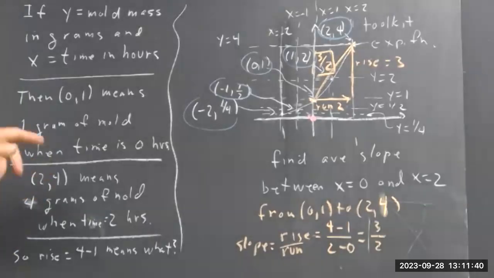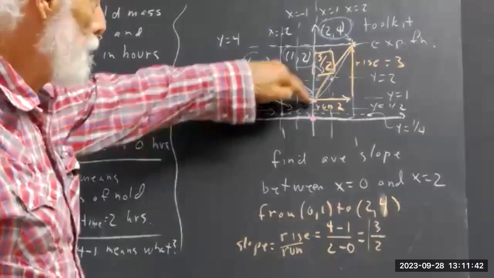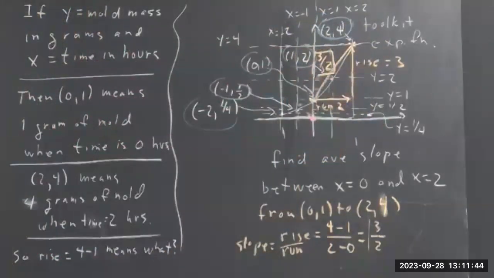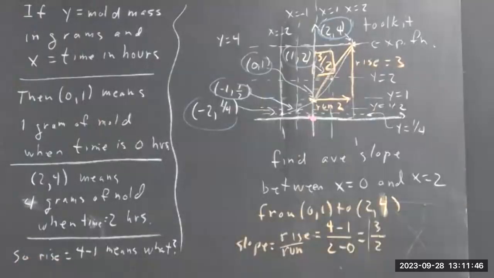Well, the rise between 2 points in the graph, that'd be this point and this point, is 4 minus 1, right? What does 4 mean? And what does 1 mean? So what I'd like you to write out is 4 what minus 1 what?